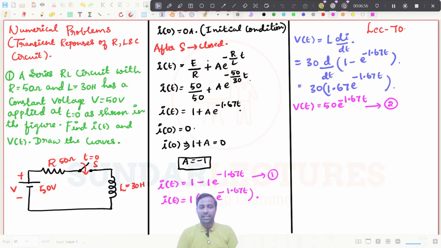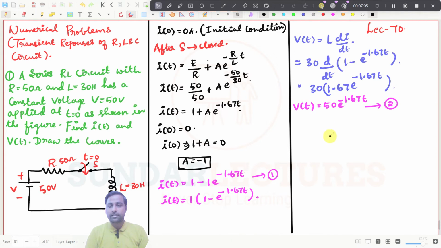See, I will draw the graph here itself, because these kind of things are all very simple. If I am going to draw the diagram, let me take this as the x-axis and this as the y-axis, and this as t and this as I. The expression is E by R minus E by R e power minus Rt by L. I have told you already, if the expression of I of t is like 1 minus e power minus 1.67 t, then that curve will be increasing exponentially.